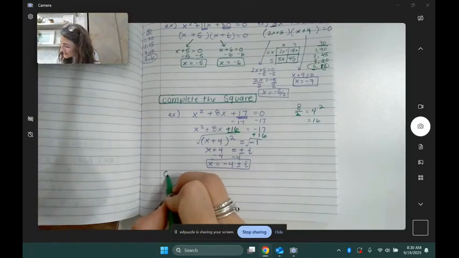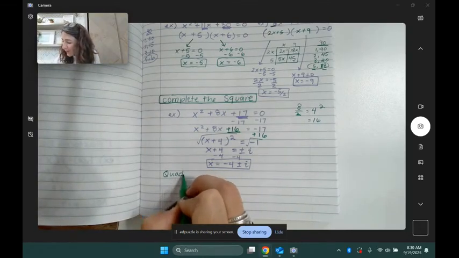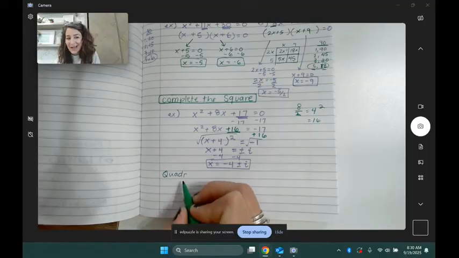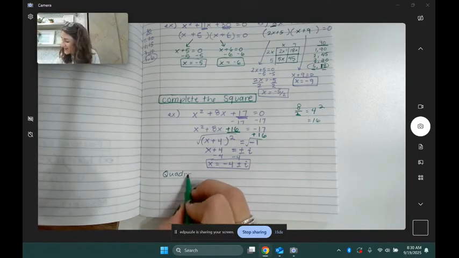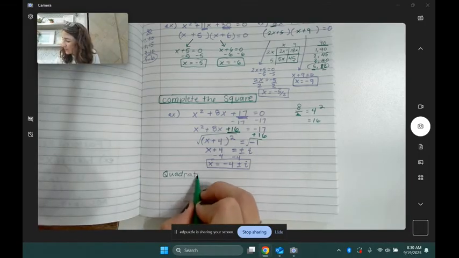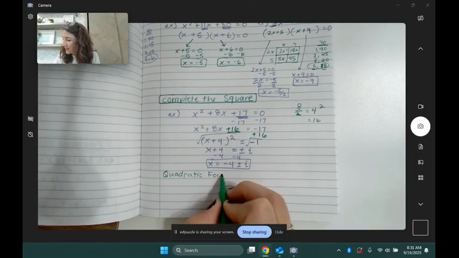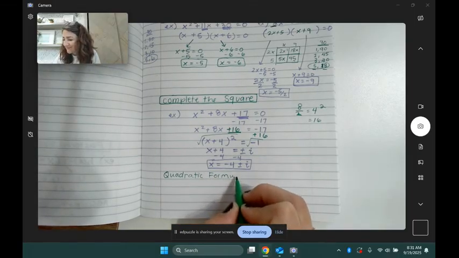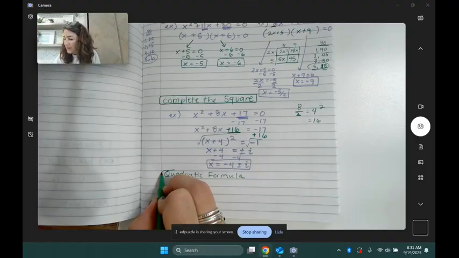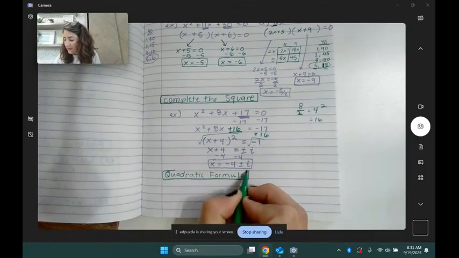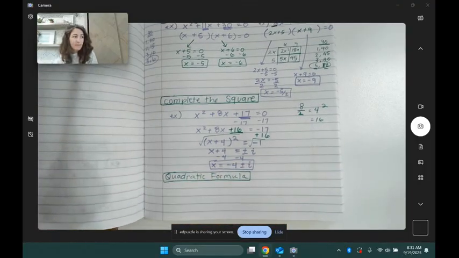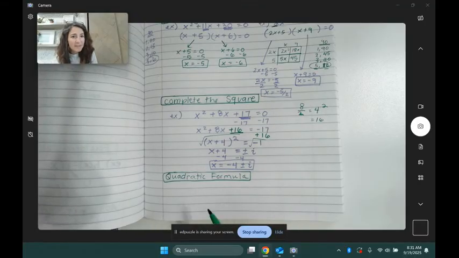And the last method, this one will work every single time, no questions asked: the quadratic formula. But it's tedious. Formula, there's only one step, like plug in the numbers and simplify. But sometimes it's a little bit messy.